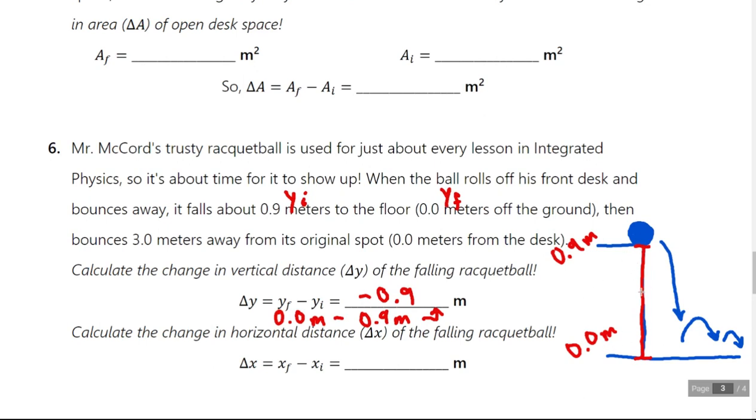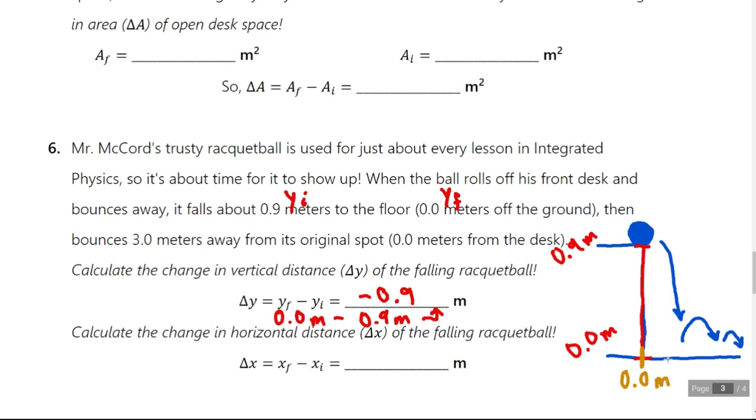The same goes for the horizontal distance. I could make this real hard on myself and say I'm measuring from the front of my classroom, so this ball is maybe 6.7 meters from the front door of my classroom, or from the left side of my desk. Or I could say I'm just going to start the ball here, and this is going to be 0.0 meters.